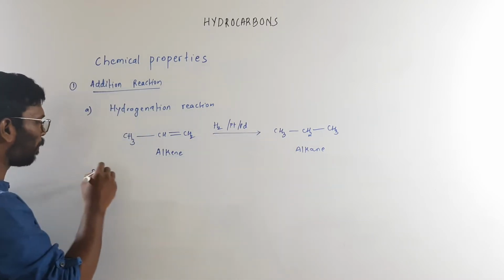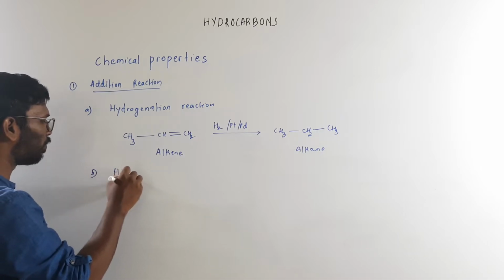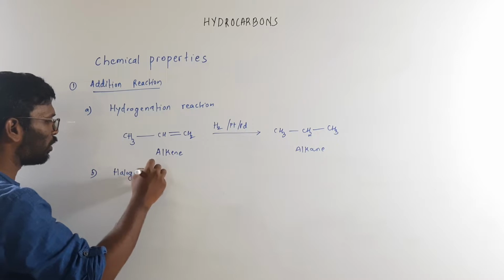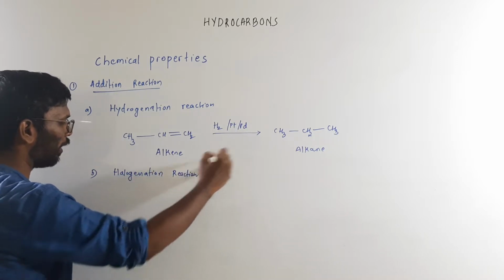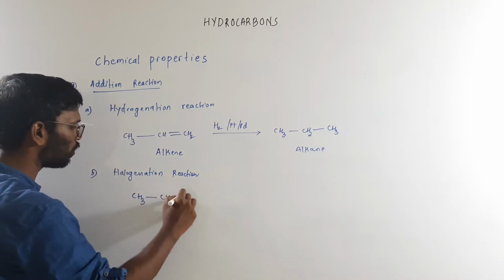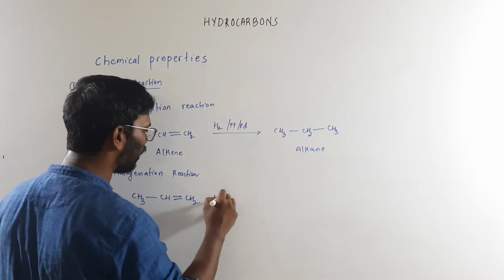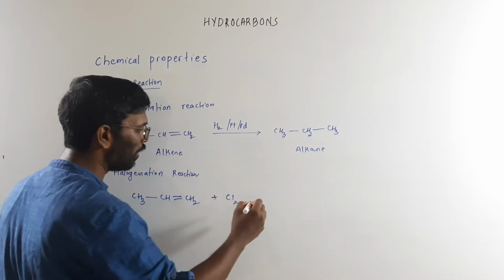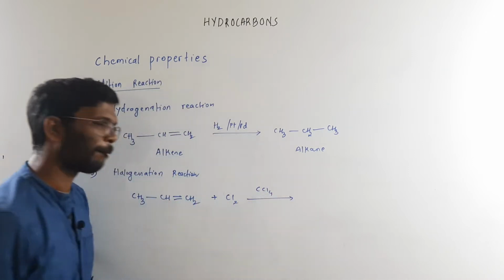The other will be halogenation reaction. Let's take this simplest alkene, CH3, CH, CH2, and let's take some halogenation like chlorination in a solvent, carbon tetrachloride.